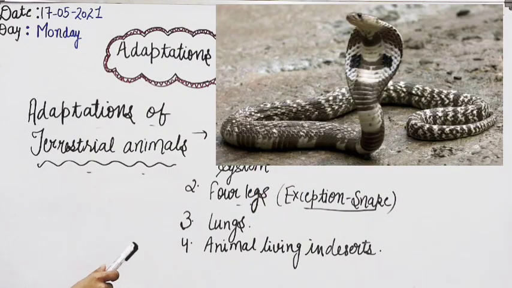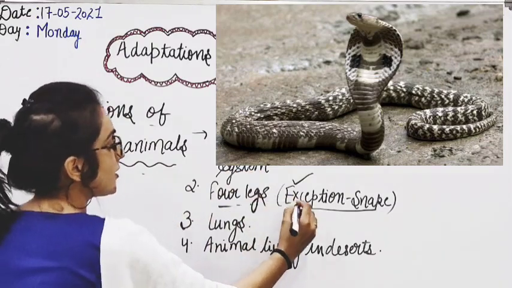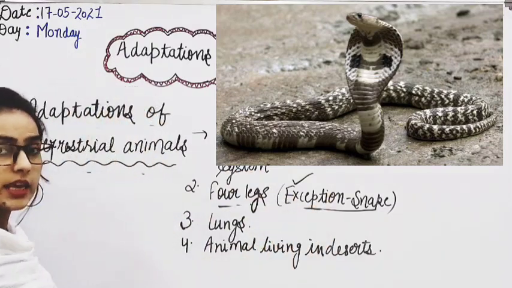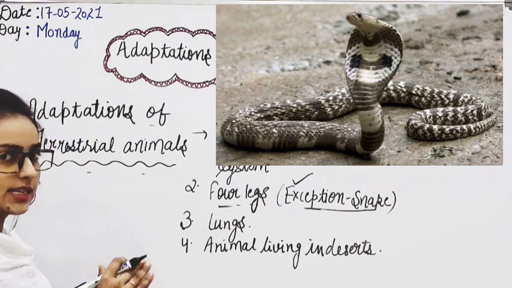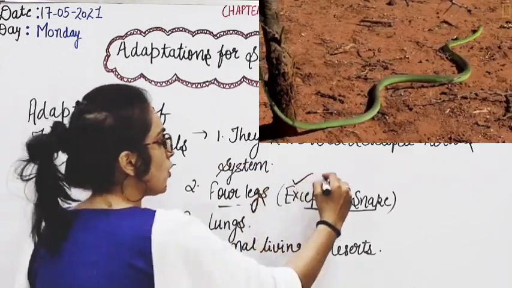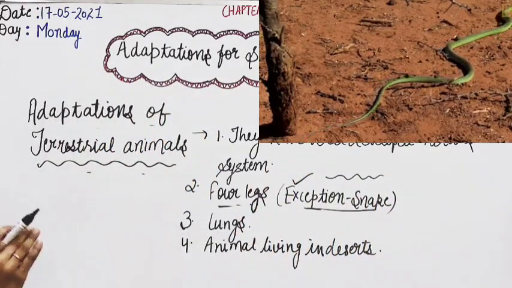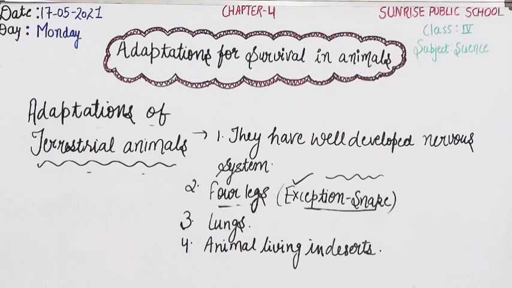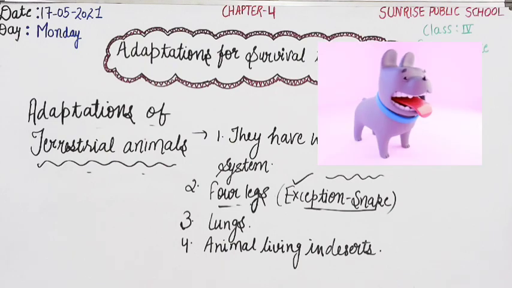An exception is the snake, which doesn't have legs. It has scales or plates, and with their help it can crawl on the ground. Terrestrial animals also have lungs inside them, with the help of which they can breathe properly.